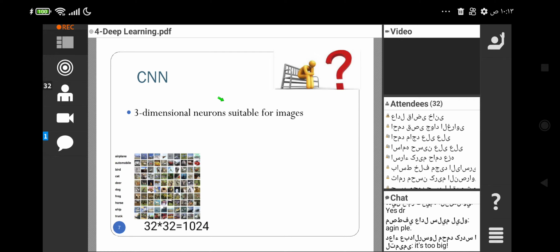As I said, we have RGB, three dimensions.